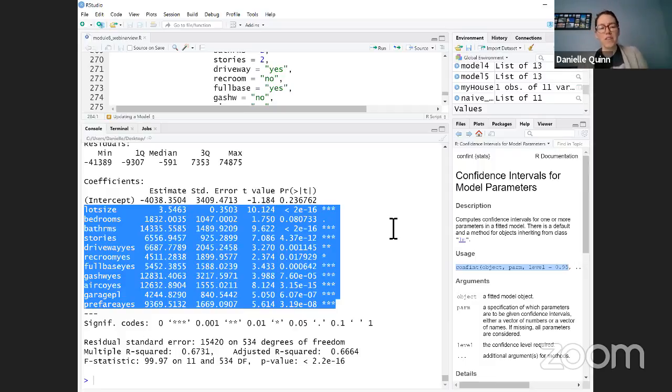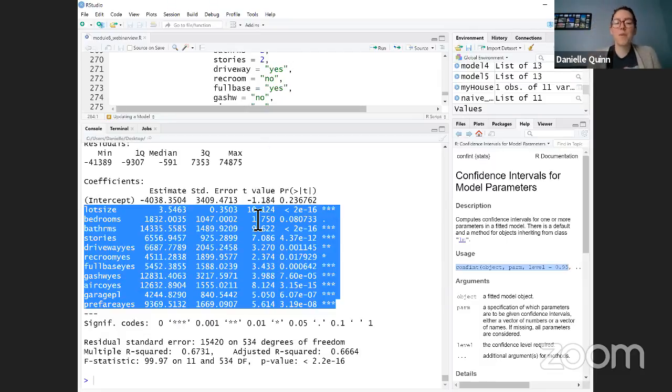So if you're only estimating one number, then you only have one set of confidence intervals to worry about. If you are estimating two numbers, then suddenly there's two different ways that you could be wrong. Here we're estimating, I don't know, 10 or so numbers. So there's going to be 10 ways that you could be plus or minus.